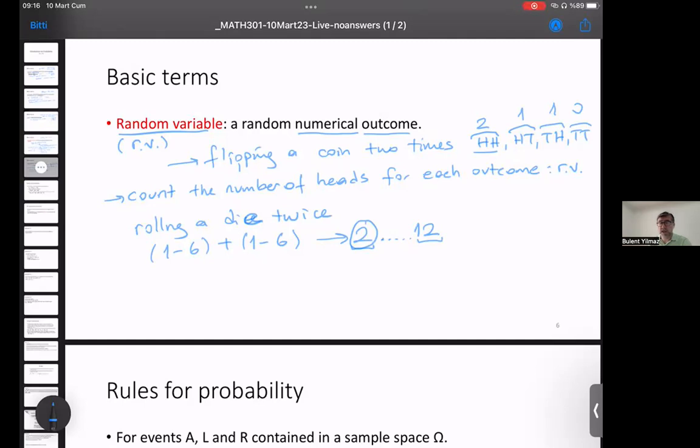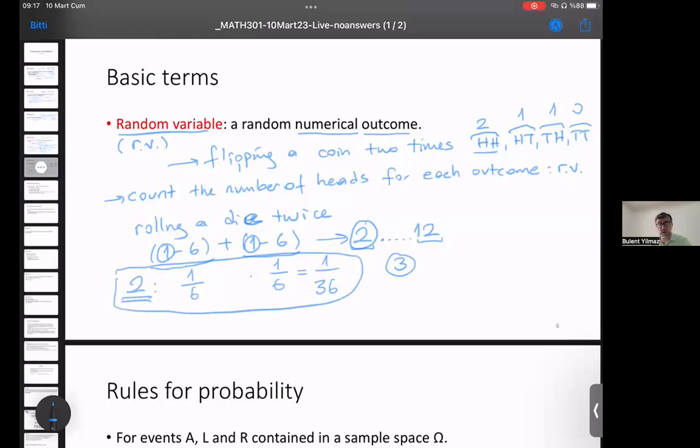What is the probability of obtaining 1 here and 1 here? It will be 1/6 and 1/6. And the probability of obtaining 2 will be 1/36. There is only one chance, 1 here and 1 here, for obtaining 2, right?